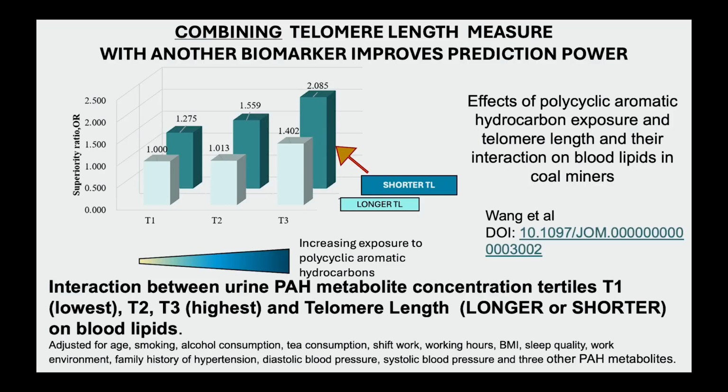Going from left to right is more and more exposure. The front row is people who have long telomeres, and the back row is people who have shorter telomeres. So in other words, if you have shorter telomeres, your risk is exacerbated.